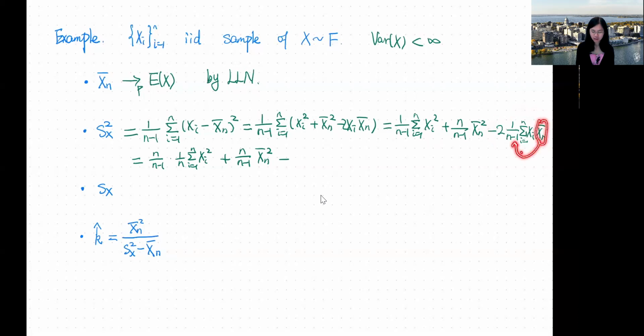So what you are left with is 2 times xn bar times 1 over n minus 1 times n times 1 over n summation xi. And this is xn bar, right? So you can join that xn bar with this xn bar. So that becomes xn bar squared times n over n minus 1.